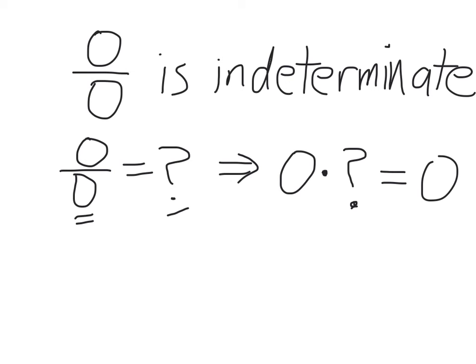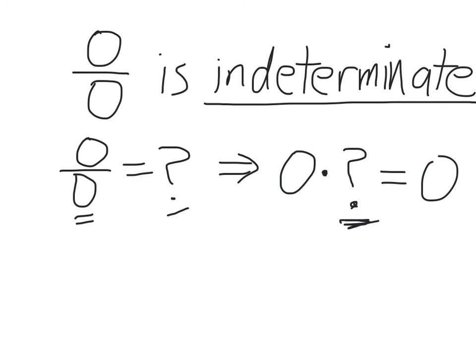Exactly. This could be anything and everything. Could be 0, could be 1, could be negative 1 million. This is why we say 0 divided by 0 is indeterminate. We can't really figure out what that value is without some more information.